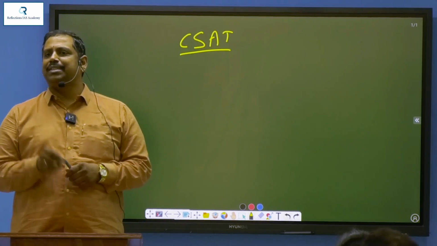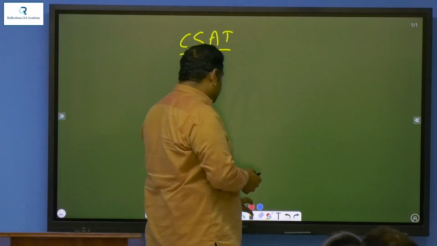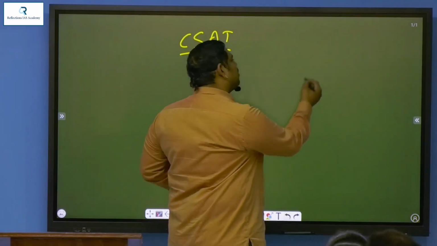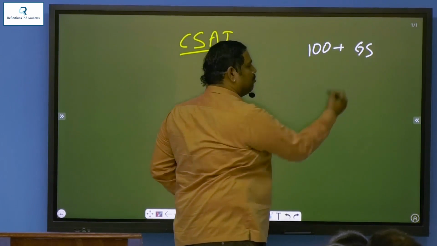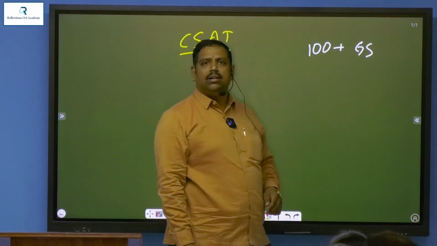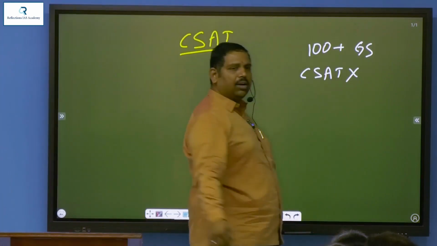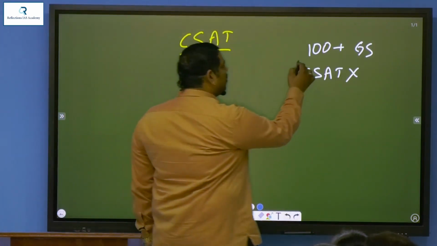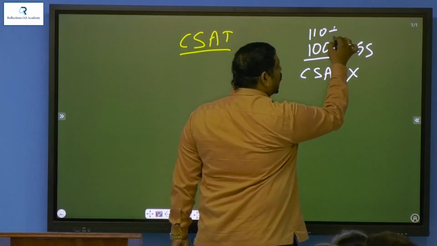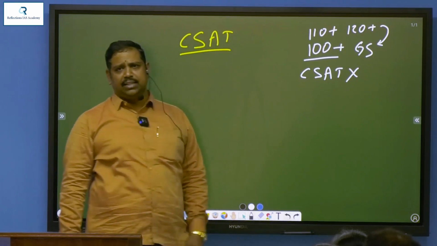This is one point. Second point. A very sad thing that I heard from students is that there are some students who got 100 plus marks in GS, that is paper 1, but still they are unable to clear the CSAT part, due to which they are not qualifying the prelims examination. They are getting 100 plus, 110 plus, and I even saw one candidate who got 120 plus in the 2023 civil services.